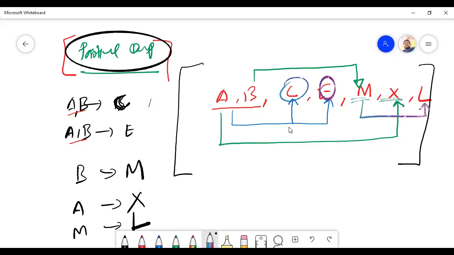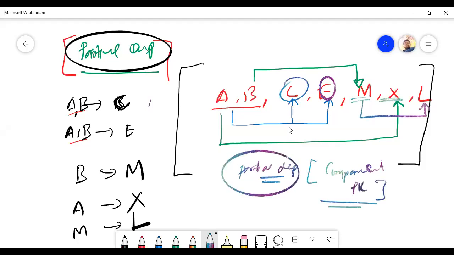The L is functionally depending on M, that is a different story. So if you go with this partial dependency story, definitely there should be a composite primary key, then only the partial dependency story will come, otherwise it won't come.